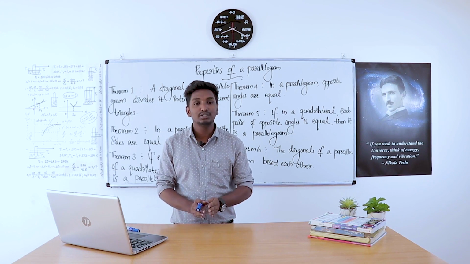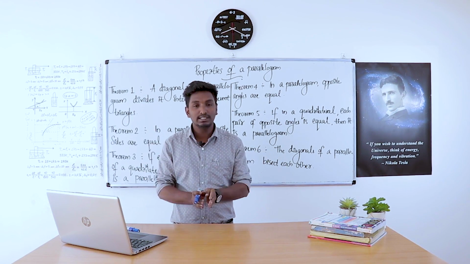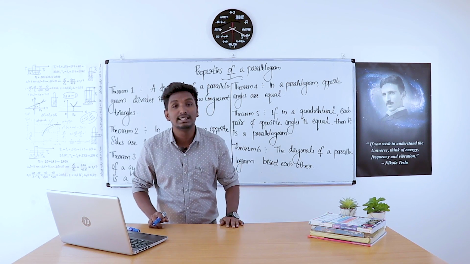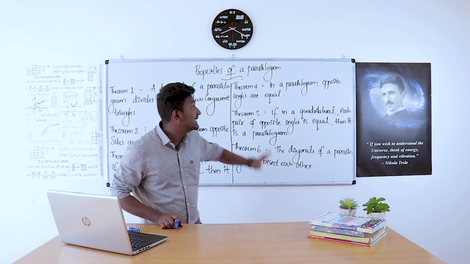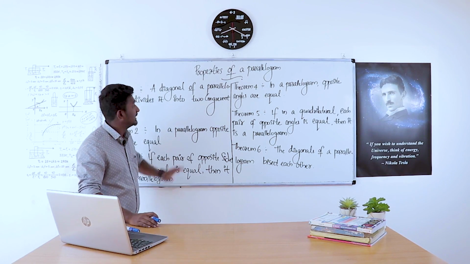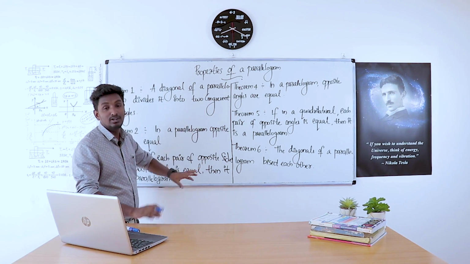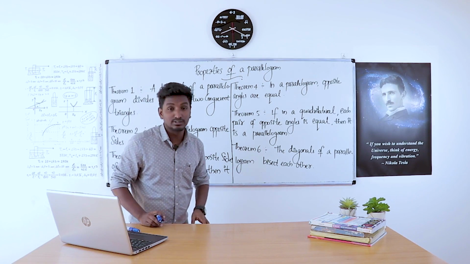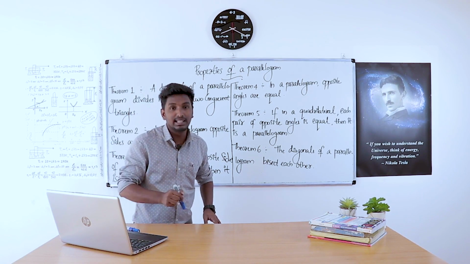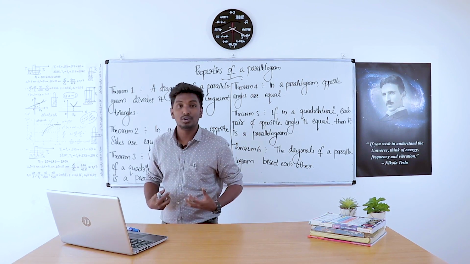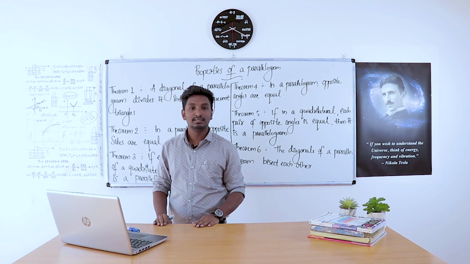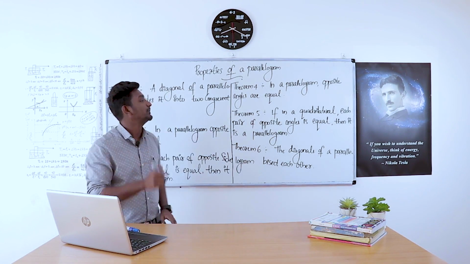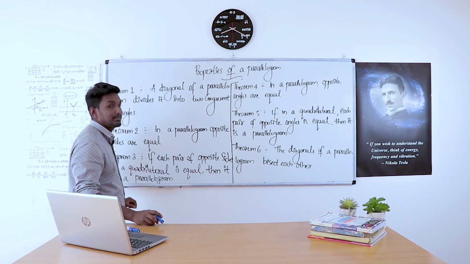When we consider two congruent triangles, all three sides and all three angles are equal. So the diagonal of a parallelogram divides it into two congruent triangles, which have equal lengths and equal angles. That's the first theorem. Now what is theorem number 2?